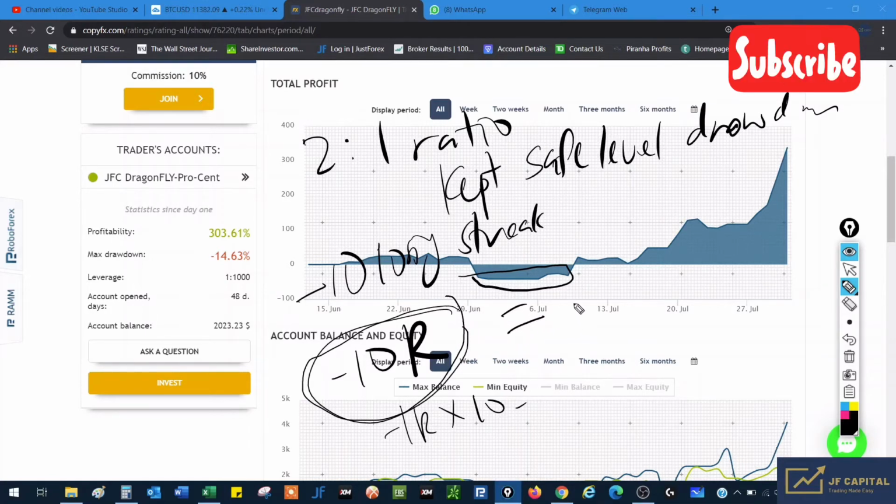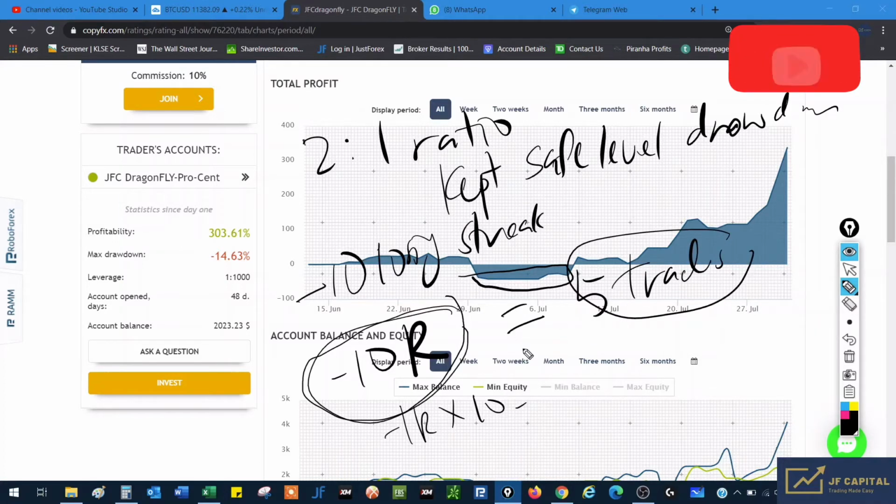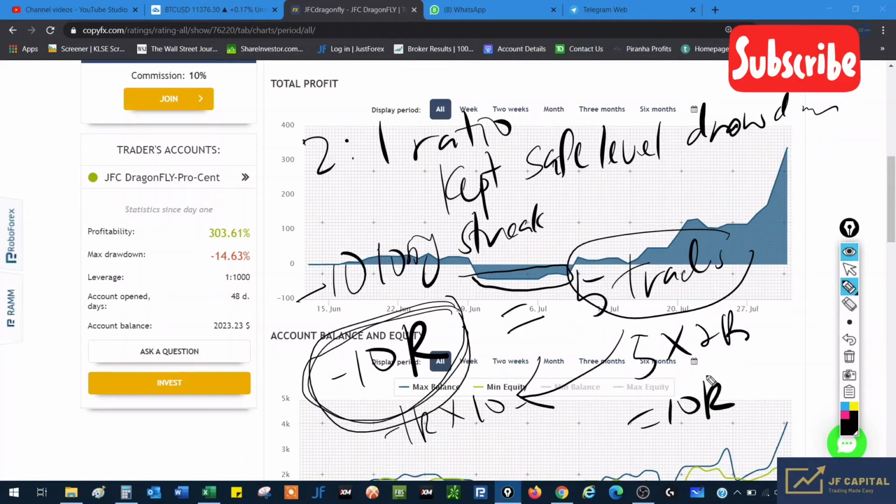What I need is only 5 trades. I will be able to cover all my losses over here, because 5 times 2R is 10R. So with my strategy, I am able to cover my losing streak with only 5 trades.